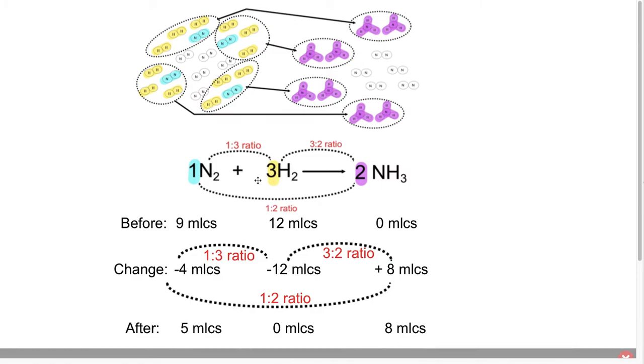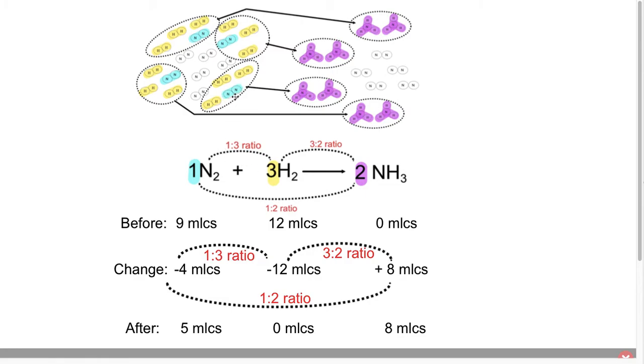Notice the 3:2 ratio between the yellow and the purple. For every 3 yellows, H2s here that I use, I'm going to form 2 NH3s. The 12 to 8 relationship is the exact same ratio as a 3:2 ratio. And notice a 4:8 ratio, 4 N2s to 8 NH3s, matches the 1:2 ratio according to the balanced equation.